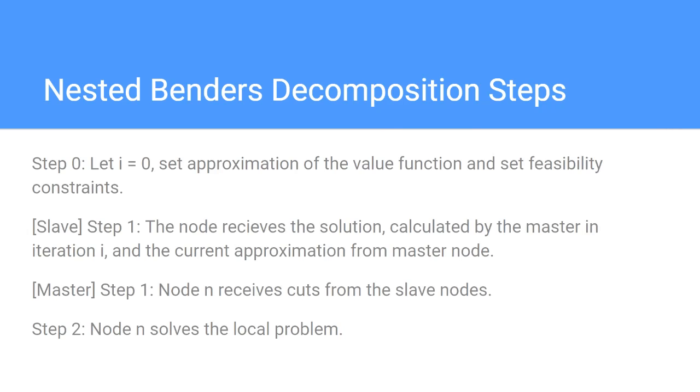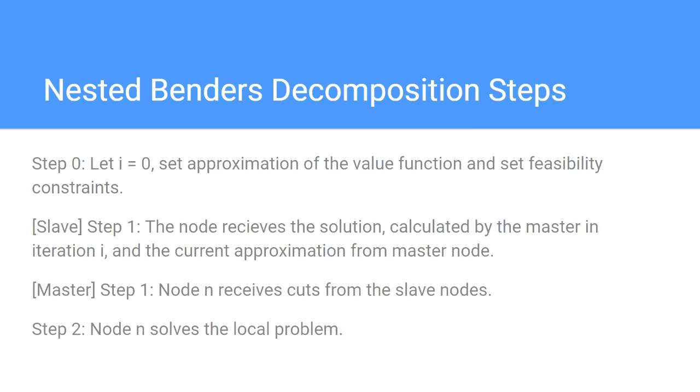Let I equal 0, and you set the approximation of the value function and set feasibility constraints, meaning that you start to initialize the function and its values that will be needed as input to compute the problem. At step 1, we have the slave node, and this node receives a solution calculated by the master in iteration I or any iteration prior, and the current approximation from the master node.